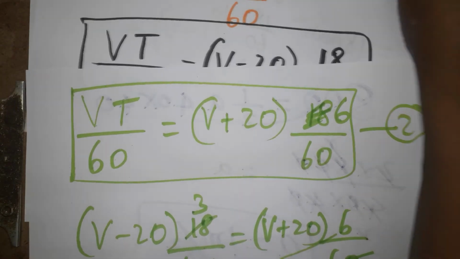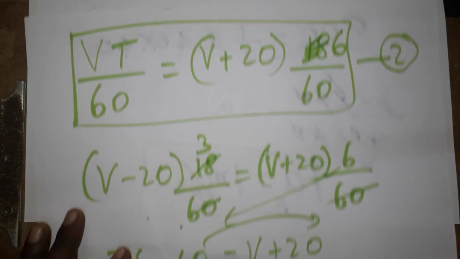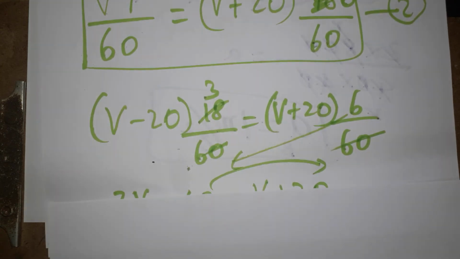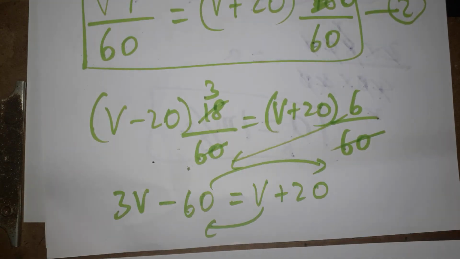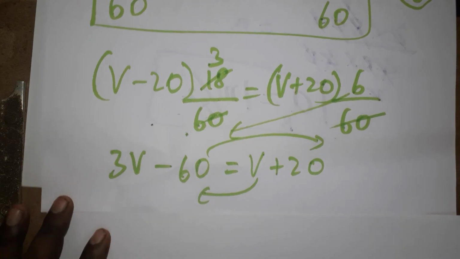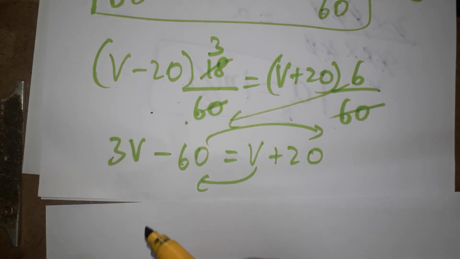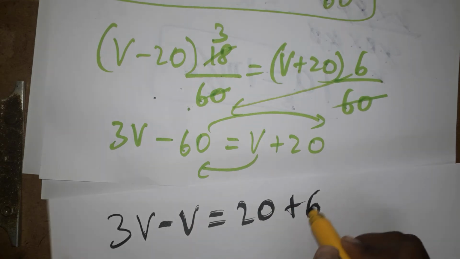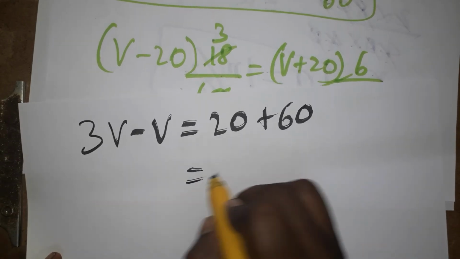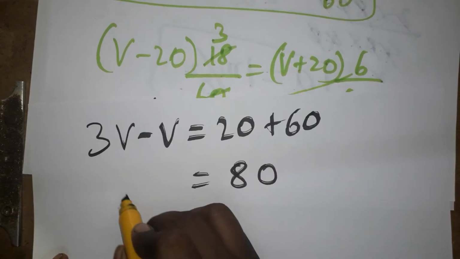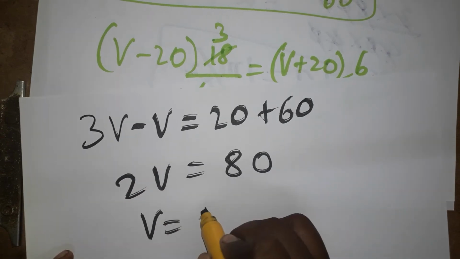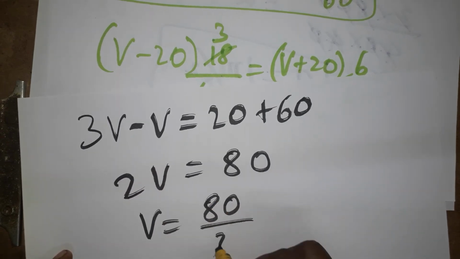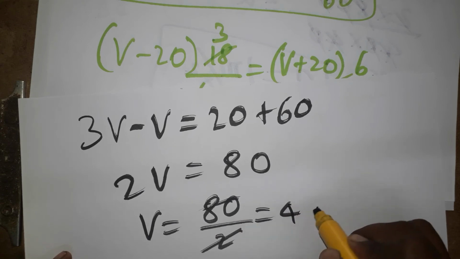Minus 60 will become plus 60 when taken from the left side to the right side. 3V minus V is equal to 20 plus 60, which is 80. So this is going to be 2V, so V is equal to 80 divided by 2, which is 40.